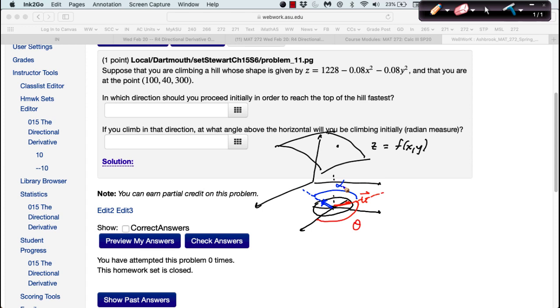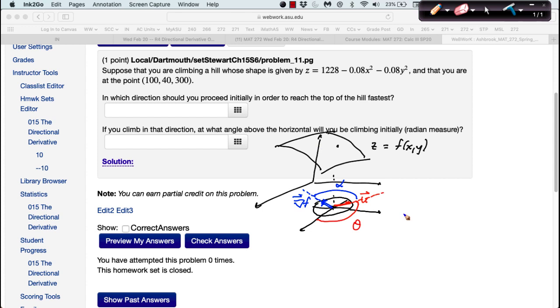And why was that angle alpha important? Because the angle alpha is about the direction of max rate of change, or minimum, max negative rate of change, or zero rate of change, right? So this is the direction of the gradient. Then what was the direction of max rate of change?